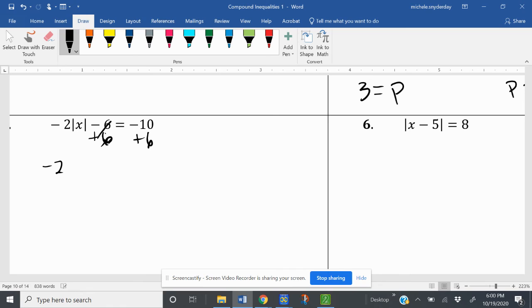We have negative 2 absolute value of x equals negative 10 plus 6 is a negative 4. Once again, like number 3, if a number is right outside the absolute value symbols, that means multiply. So the opposite of multiply is to divide both sides by negative 2.